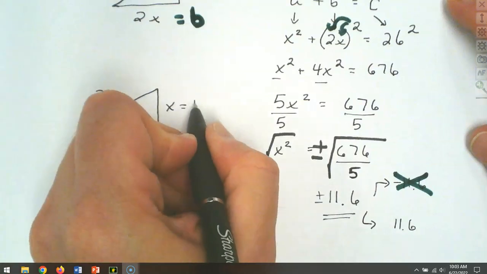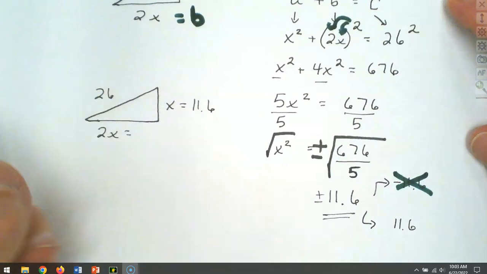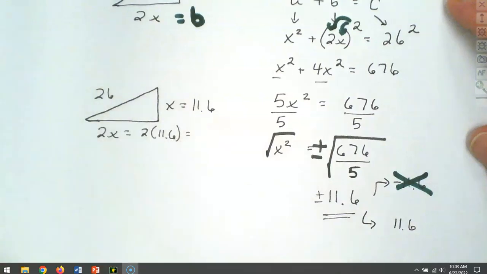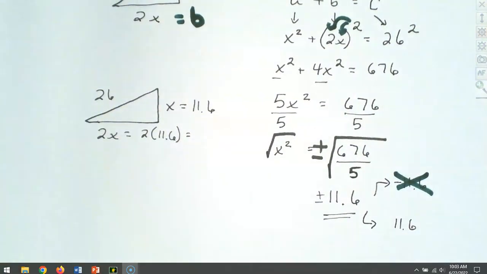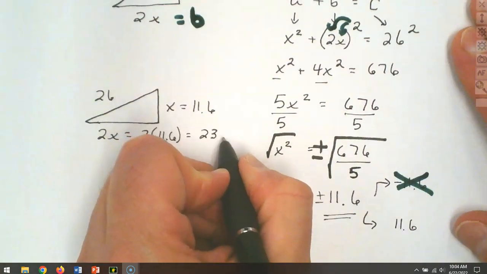And that's going to then be 11.6. The other one is 2x, so we just double it. And that should give us what? 23.2, I believe. Yep, 23.2. And these are in terms of inches.